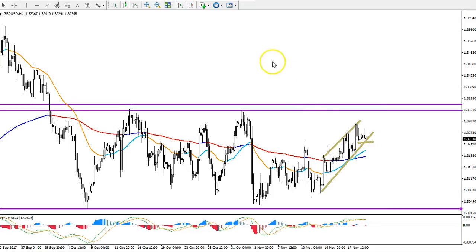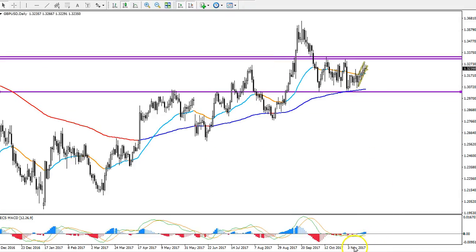Now, the daily perspective is something that still remains to be seen. There could be not only a bearish breakout, in that case I would need to see a daily candle break below support like this, but there could also still be a bullish breakout. In that case, I would need to see a daily candle break through this resistance zone, a daily candle with a good strength, a good size, closing at the high, and breaking above this resistance zone.